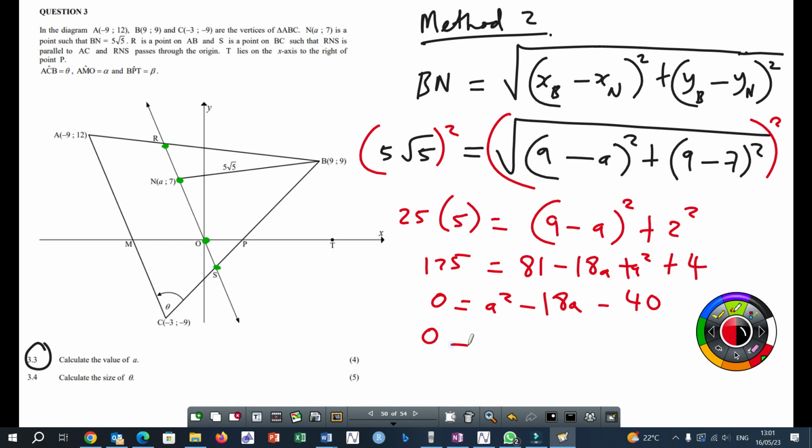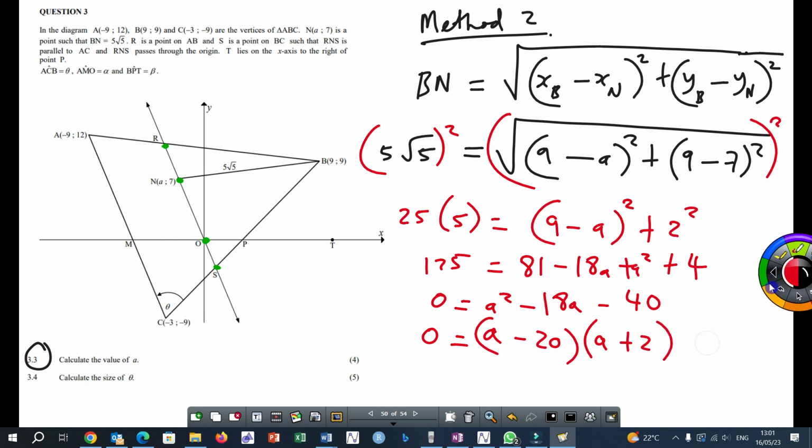Then the next thing now is to factorize that. So we need 2 factors of 40 that will add up to minus 18. It will be 20 and 2. So this means we are going to have (A minus 20) times (A plus 2).